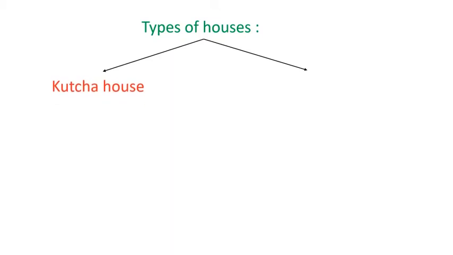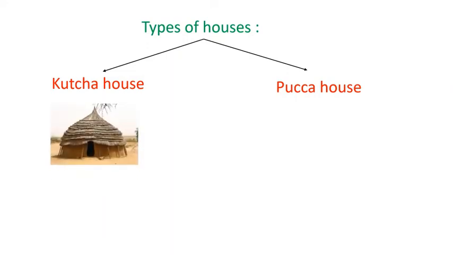And there are two types of houses, right? Which are they, children? Yes, kacha house and pakka house. And the houses made of mud, leaves, straw, and sticks, such houses are called kacha houses, and they are also known as temporary houses.